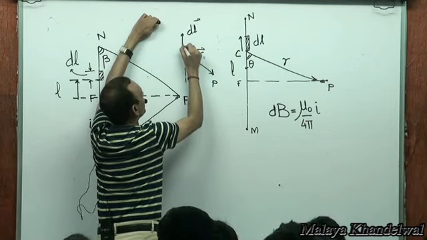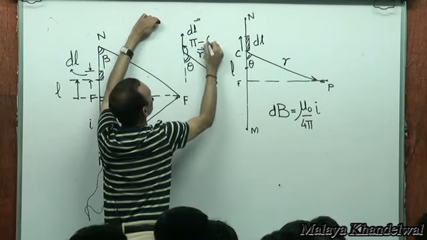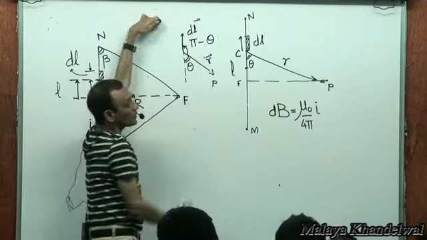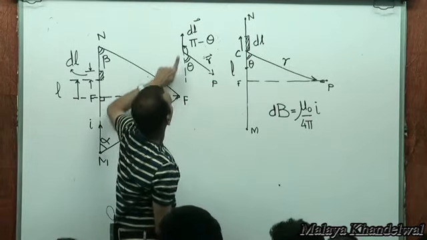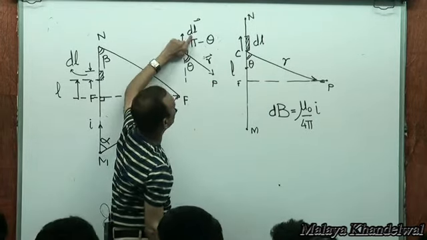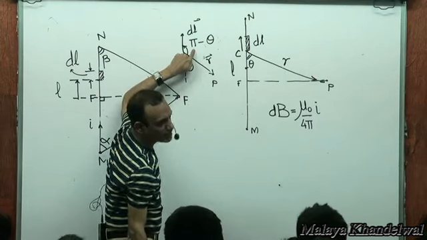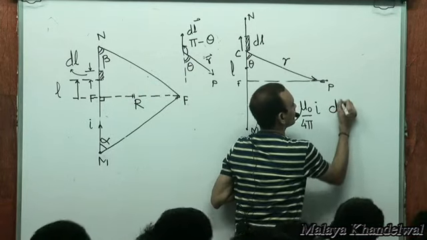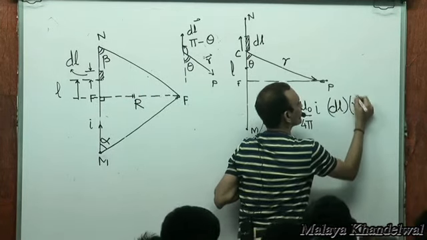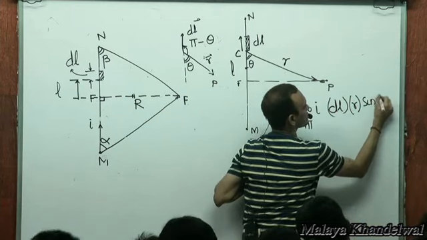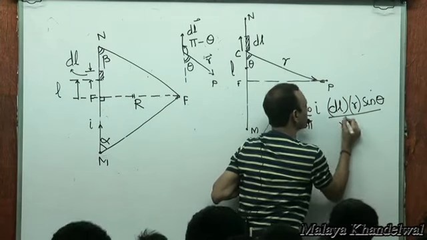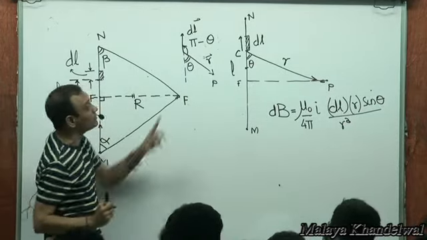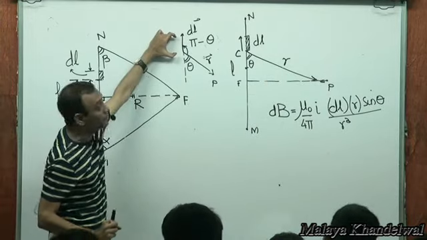So the angle between dl and R is going to be pi minus theta, right? So then mu naught by 4 pi I, dl cross R would be dl into R into sine of pi minus theta, but sine of pi minus theta is sine theta. So that's going to be dl into R into sine theta, divided by R cube. That's the magnitude of the dB produced at P by this chosen dl, right?